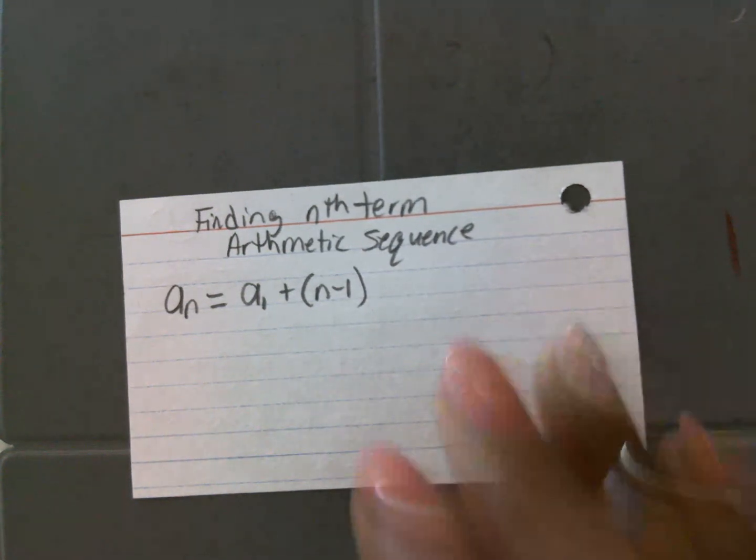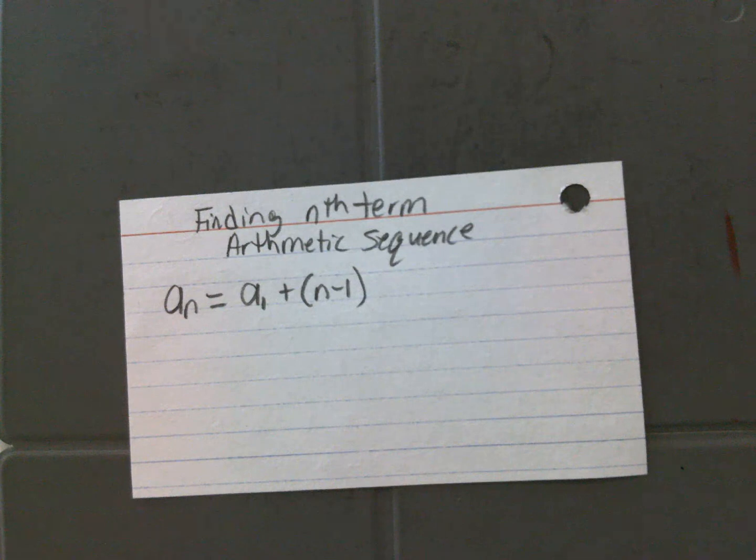If they tell you it's a sub 0, you don't need n minus 1. You just need n. Okay?